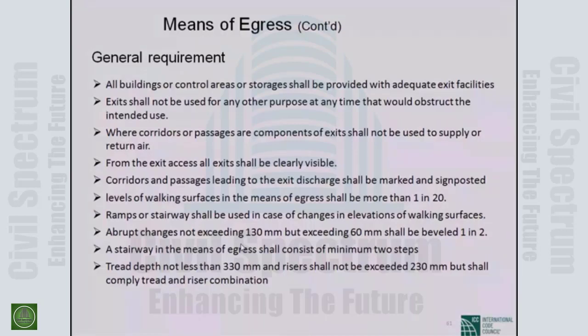Abrupt change not exceeding 130 mm, not exceeding 60 mm shall be held in 1:2. A stairway in the means of egress shall consist of a minimum of 2 steps. Tread depths shall not be less than 30 mm, and a riser shall not exceed 230 mm, but shall comply with the tread and riser combination.